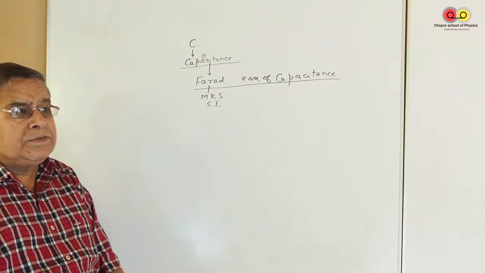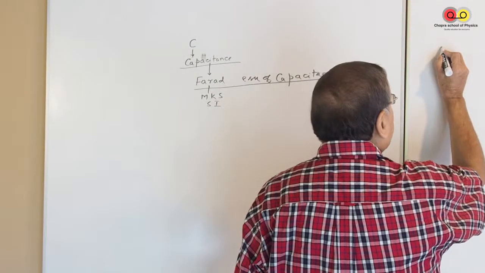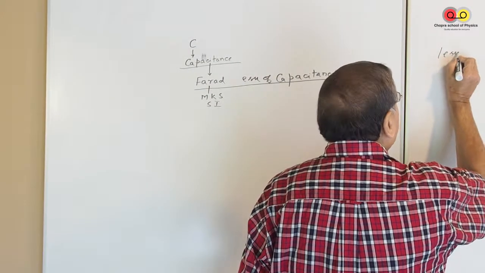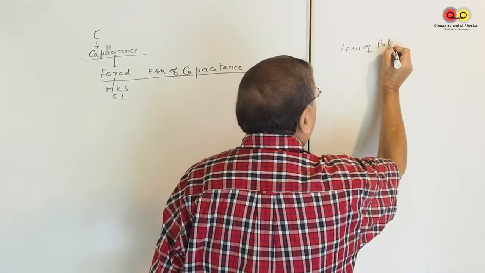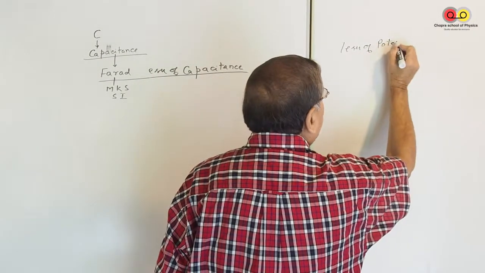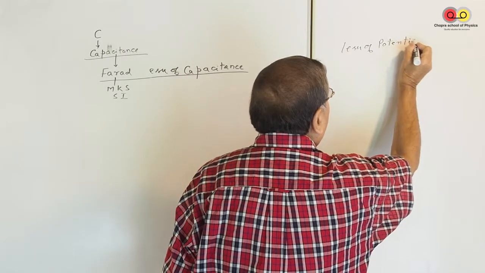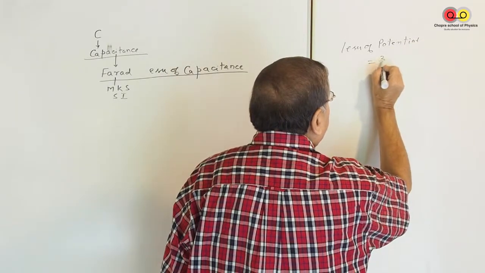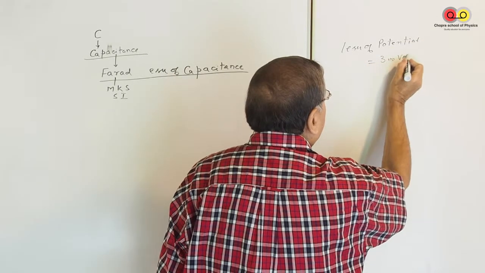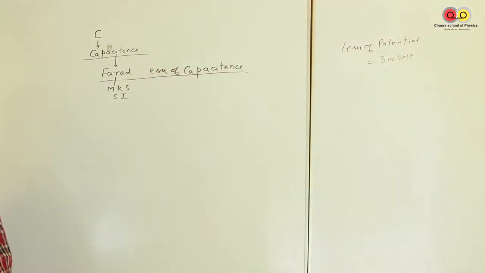The electrical quantity like potential, there we find that the CGS unit is bigger and the MKS unit is smaller. And in that case, I have also explained that one electrostatic unit of potential is equal to 300 volts. This is what I have explained in the earlier part.